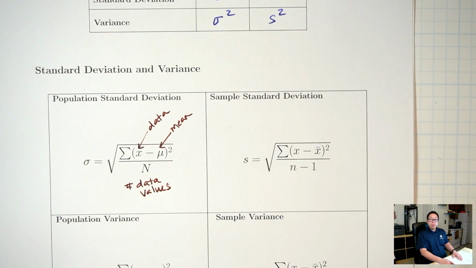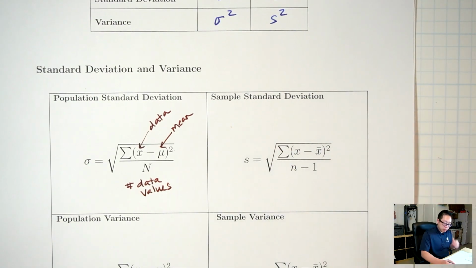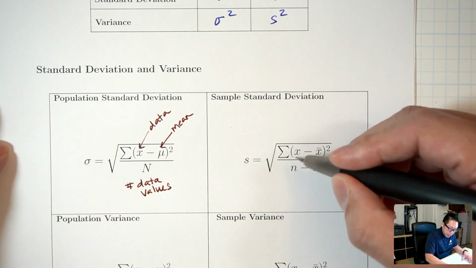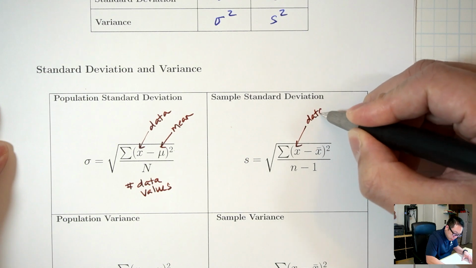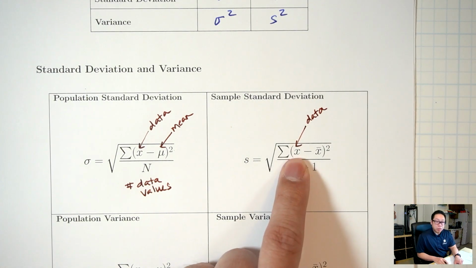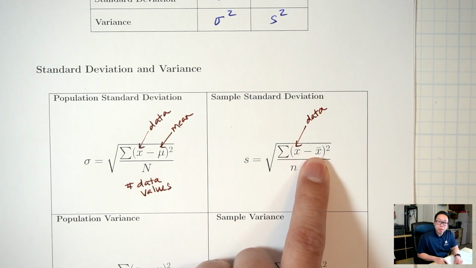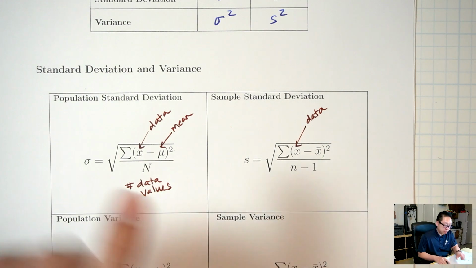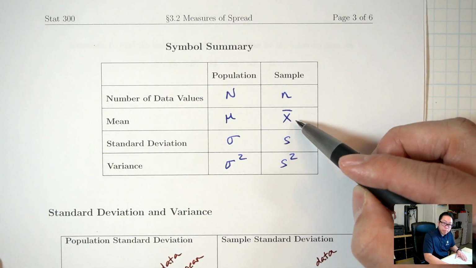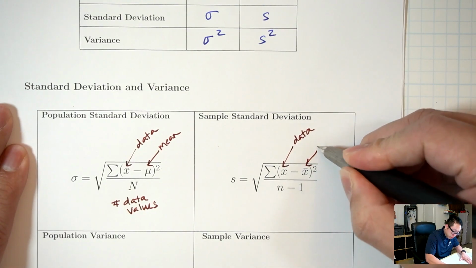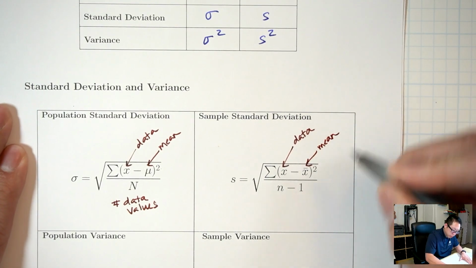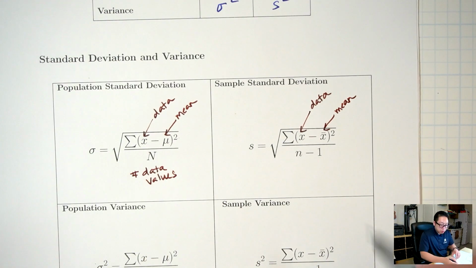Now, let's look at the sample standard deviation. What this x, right, still means data. It says take your data, subtract x bar. What's x bar? The mean. So this is telling you to do, for the sample standard deviation, the same thing.